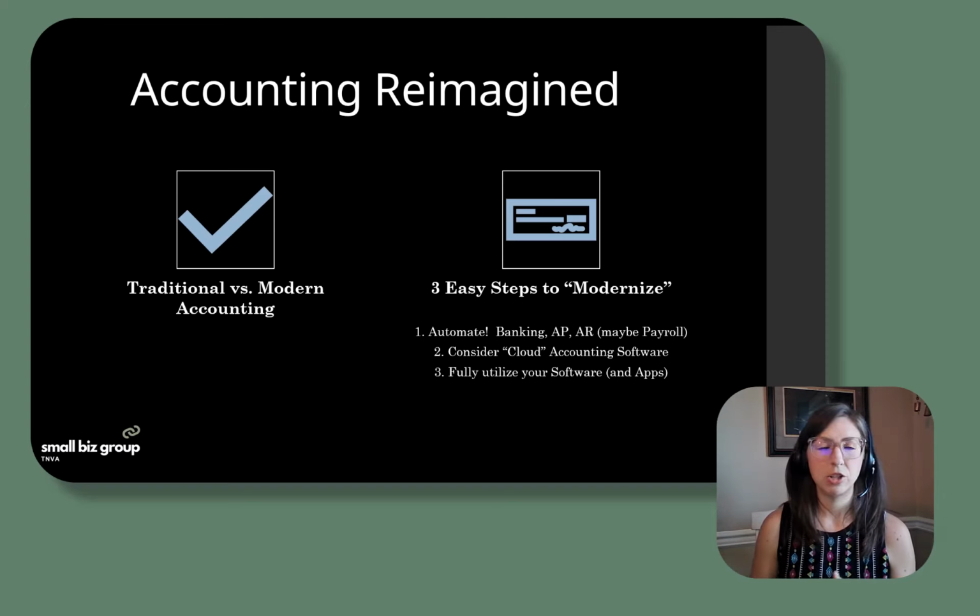The tools are changing all the time, and they are customizing them specific for niches. So you can look directly at your industry and find something that meets your need. So lots of apps, and a lot of these do integrate with your accounting software. So as long as they get along with each other and you can connect them, you can take it off your plate and the work is still done.